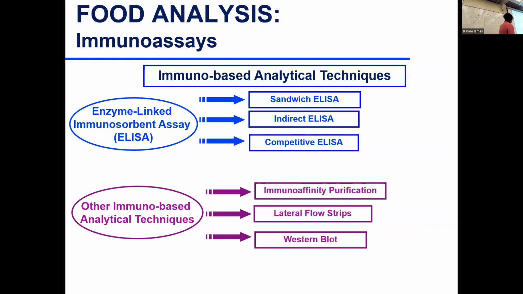And we're going to talk about other types of immuno-based assay. Well, we did talk about affinity chromatography. We're going to remind you about that. It's mostly used for purification, either purification of an antibody or a purification of a very specific protein. Lateral flow strips, they are very common.